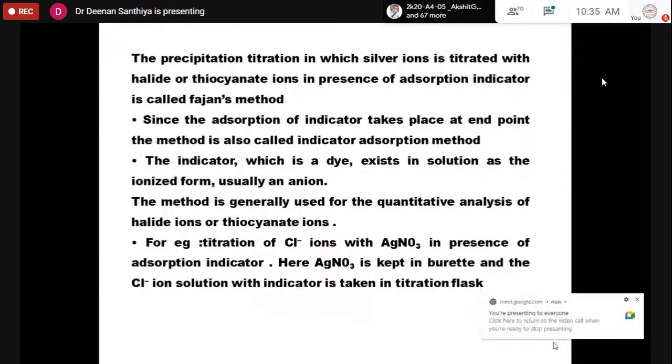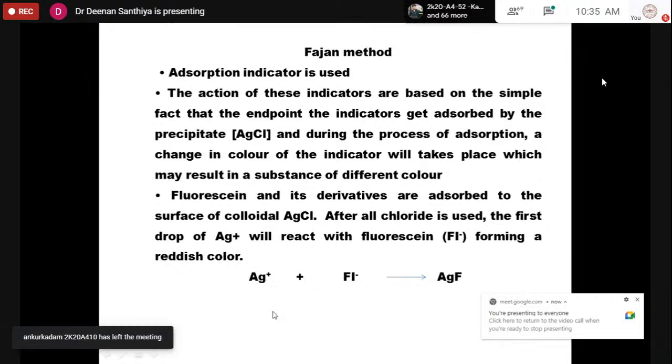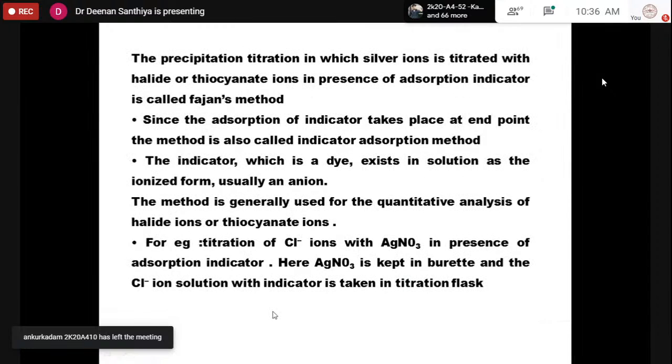So at the end point, what will happen? This fluorescent indicator will form a reddish color on the silver chloride precipitate. These are all the explanations given here. I will also post my drawing along with that. If you read, you will understand.